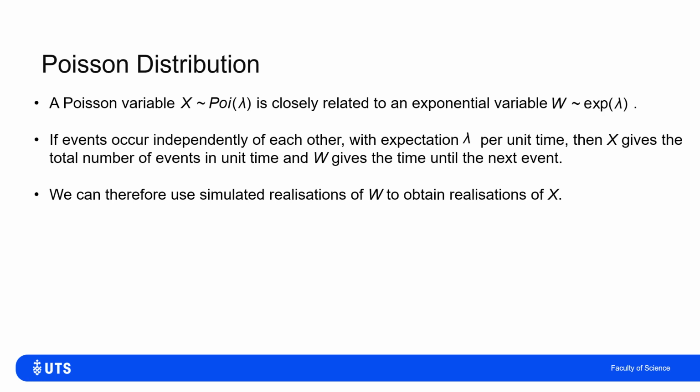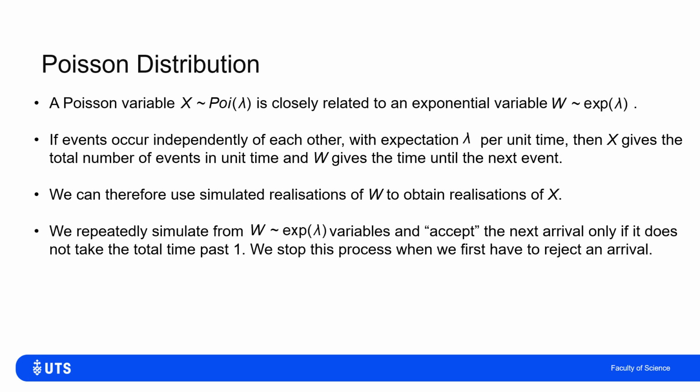So I can actually simulate the exponential variables instead of simulating the Poisson. We saw in a previous video how to simulate from an exponential. It's a continuous distribution, but the interesting thing here is I can use continuous realizations to simulate a discrete outcome with the acceptance-rejection methods.